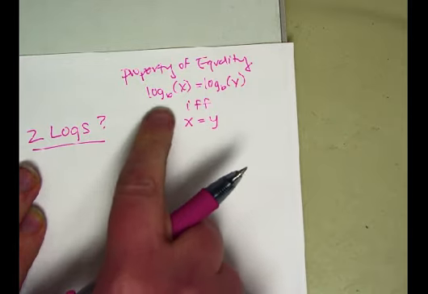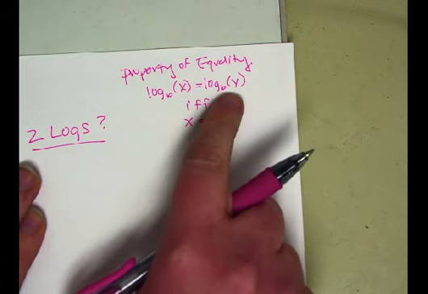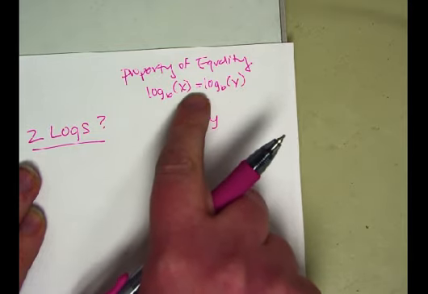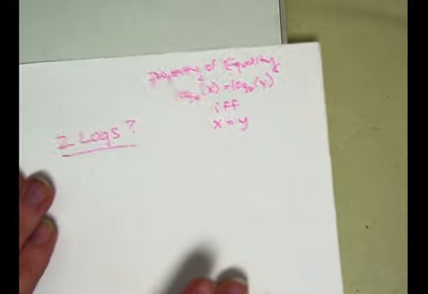So if you have a single log equals a single log and the 2 logs have the same base, then the arguments of the 2 logs must be equal. You can basically ignore the logs and set the insides equal.